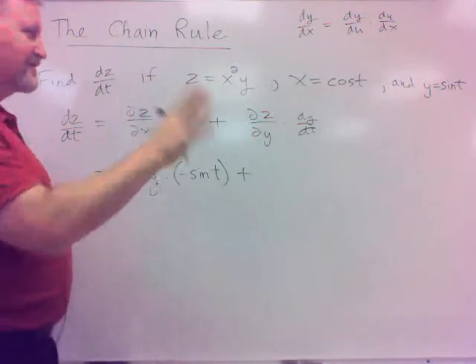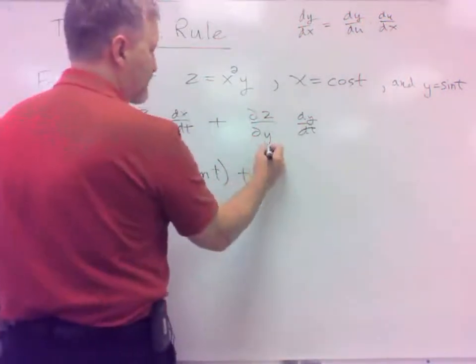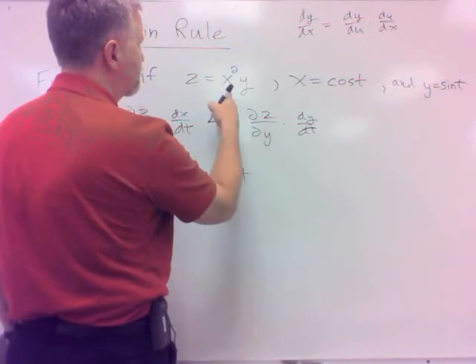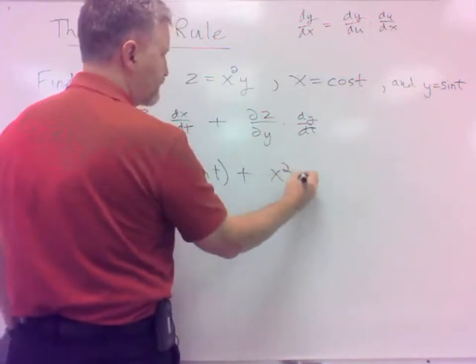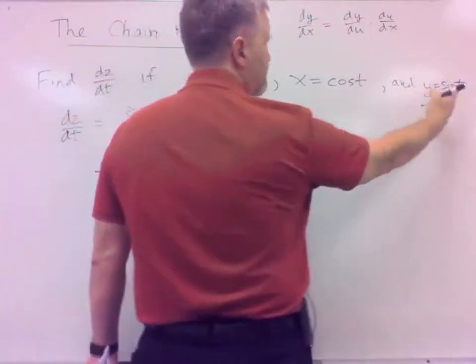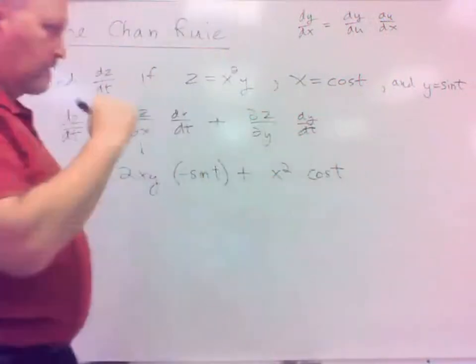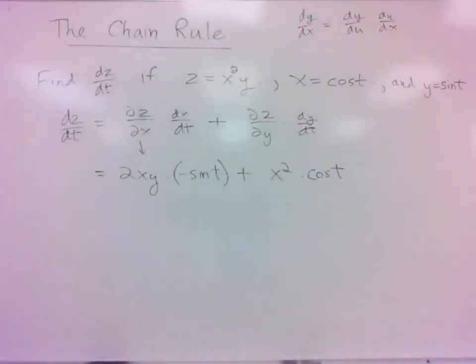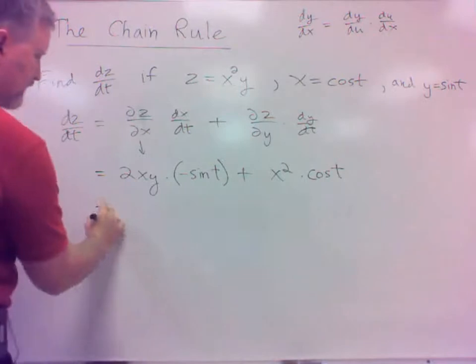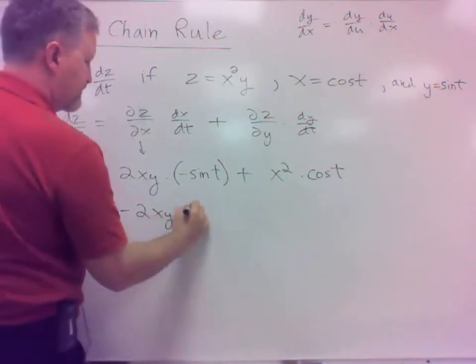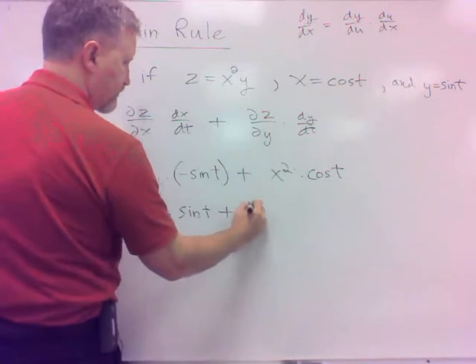Then we just reverse that and do it with the y's, so the partial of z with respect to y would be just x squared. And then dy/dt would just be cosine t. Okay? And so that would just be, clean it up just a bit, negative 2xy sine of t plus x squared cosine t.